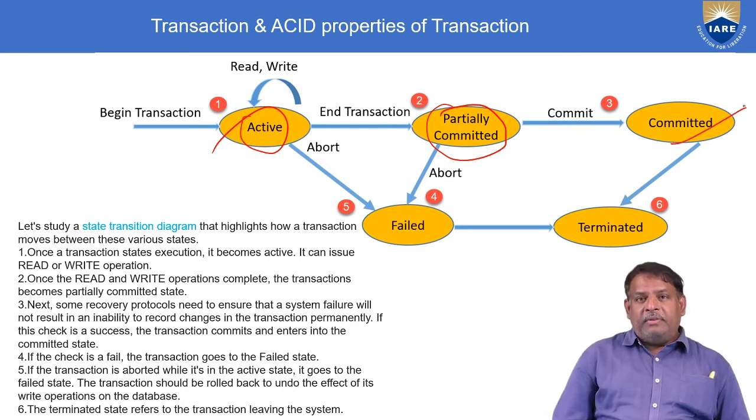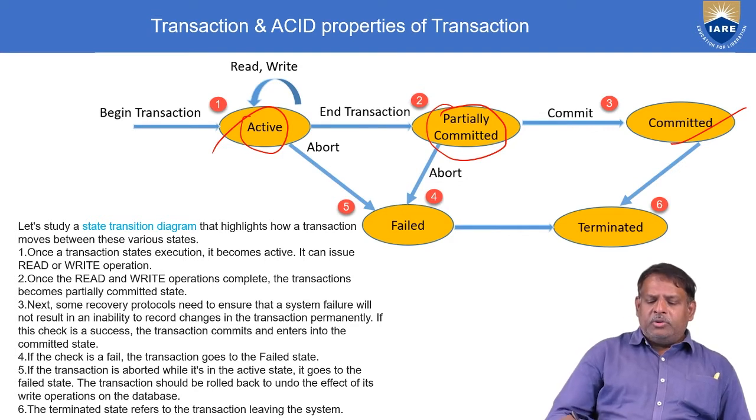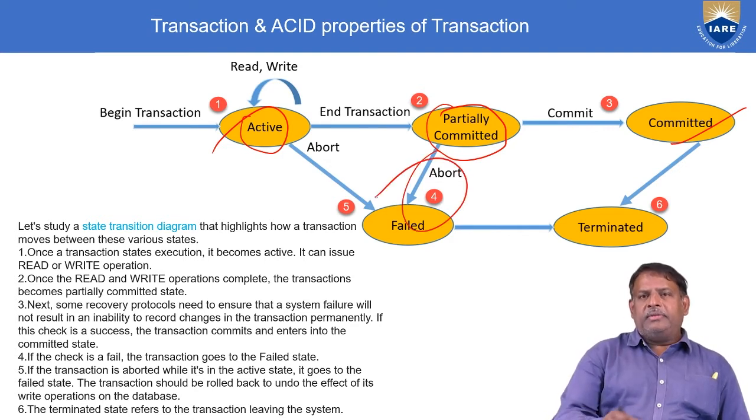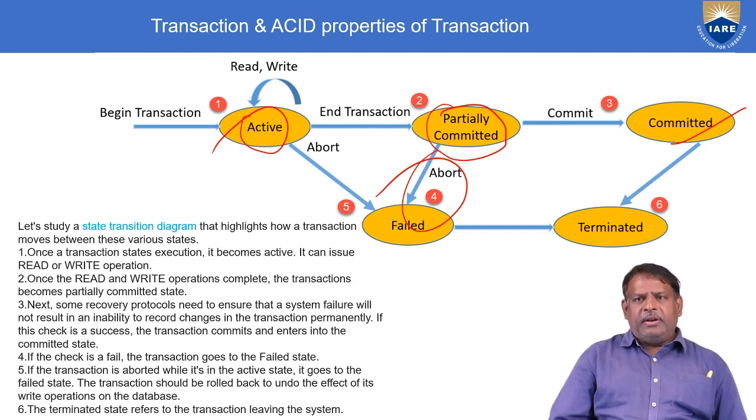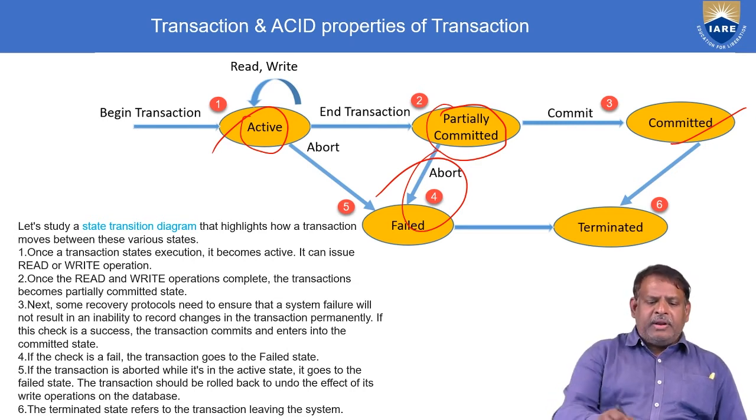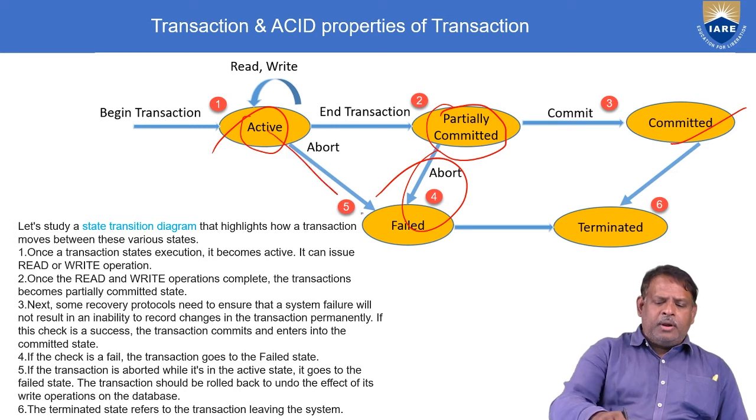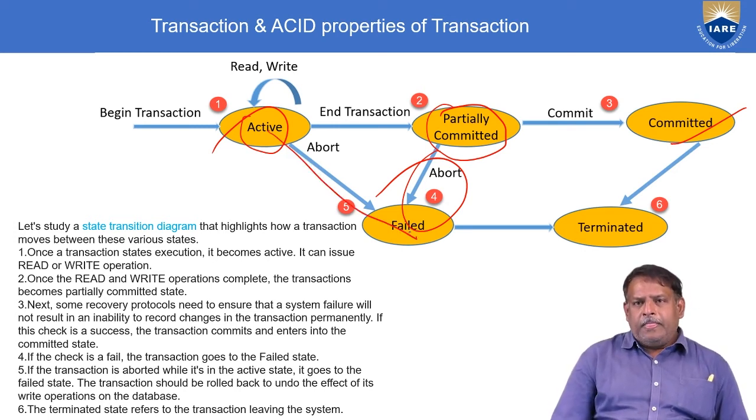If the check fails, when that recovery protocol check fails, it goes to the failed state. If the transaction is aborted while it is in the active state, it goes to the failed state.